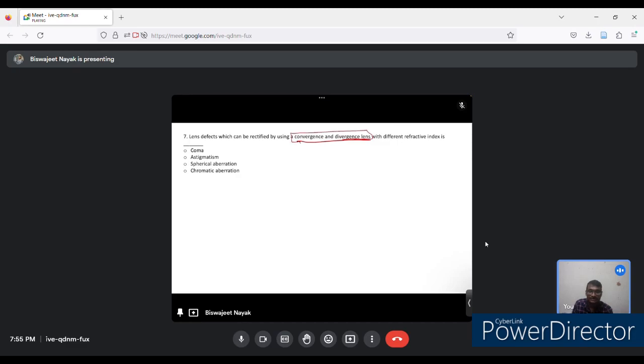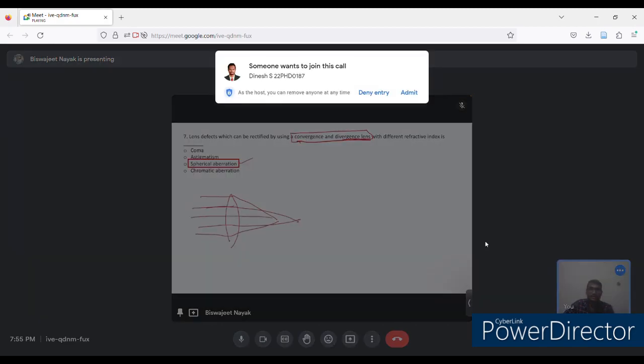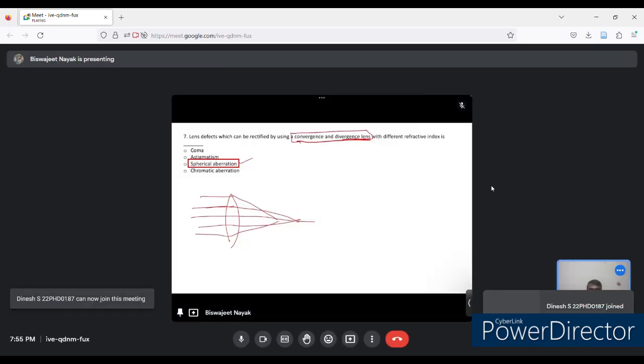This spherical aberration is coming because of the spherical nature of the lens. Because of the spherical nature, light passing through at different points will form different focuses, for which there is an error coming. To rectify this error, convergence and divergence lenses are used.